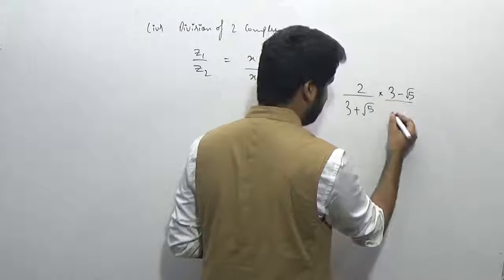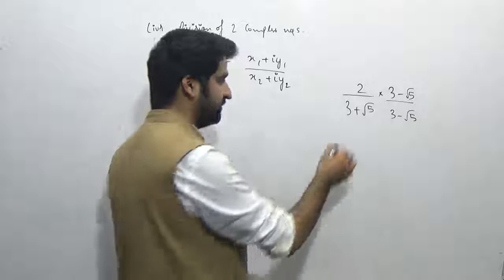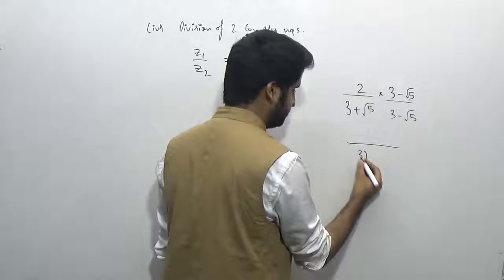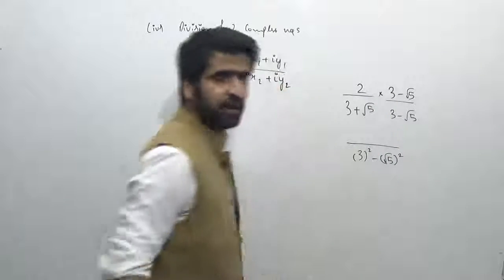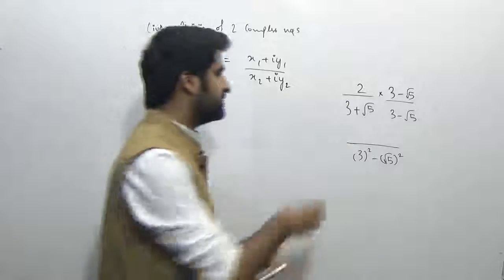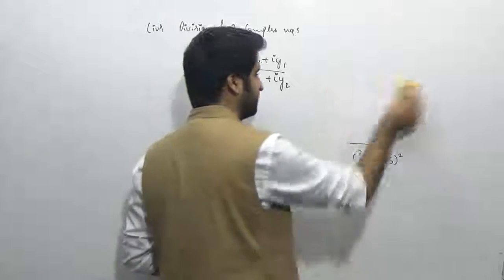By multiplying this by 3 minus root 5, so that we can have the identity of a plus b into a minus b, and this will become a square minus b square, 3 square minus root 5 whole square, and the irrational part will be shifted to the numerator. So this is the concept of rationalizing the denominator, which we learned in our 9th class.